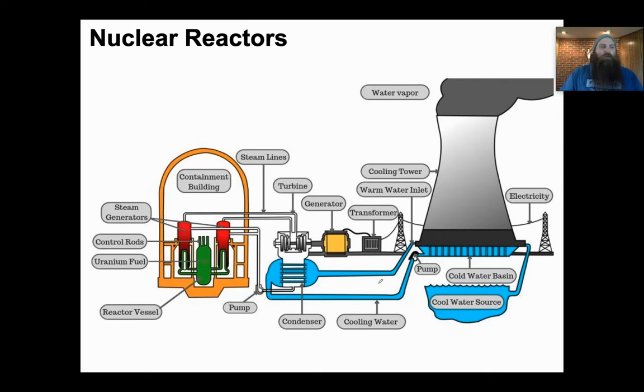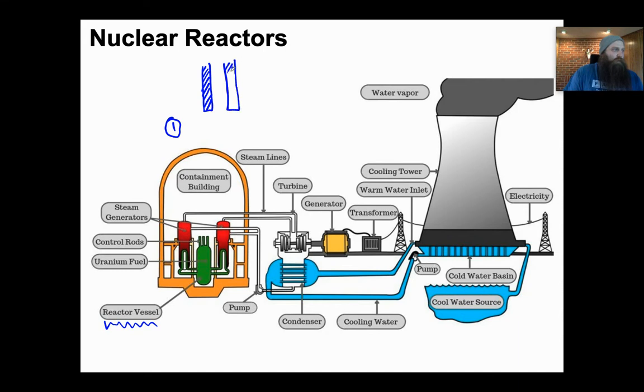But this is how a nuclear reactor works. It's pretty simple. It's basically a big steam generator. You start over here on the left. This is our containment building, and in the containment building is a reactor vessel. In that vessel, you have two things. You have some source of fuel, probably uranium pellets, and you have some control rods. If these are my uranium pellets, they're fuel rods, two fuel rods next to each other.